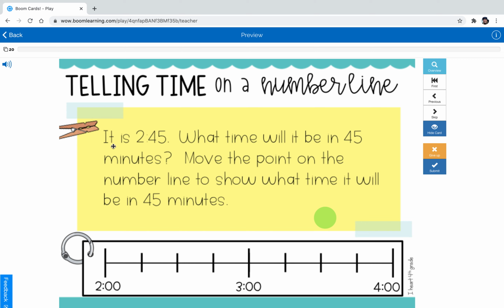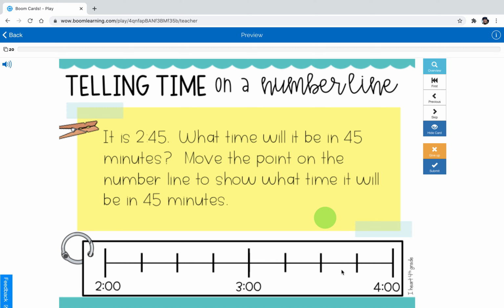So in this word problem, it says, it is 2:45. What time will it be in 45 minutes? Move the point on the number line to show what time it will be in 45 minutes. So here's your point right here. This is what you're going to move. First thing is first, we need to figure out where 2:45 is on the number line, right? So I'm going to start at 2 o'clock. I'm going to count by 15s. 2:15, 2:30, 2:45. So now they said, what time will it be in 45 minutes?